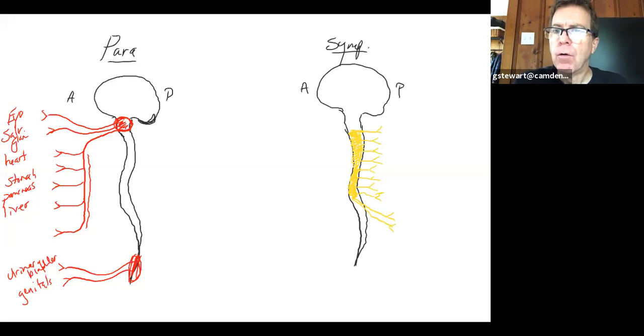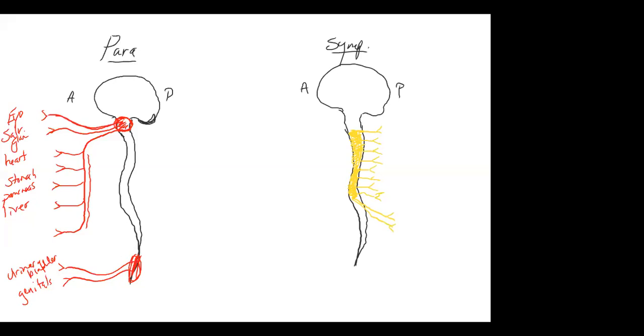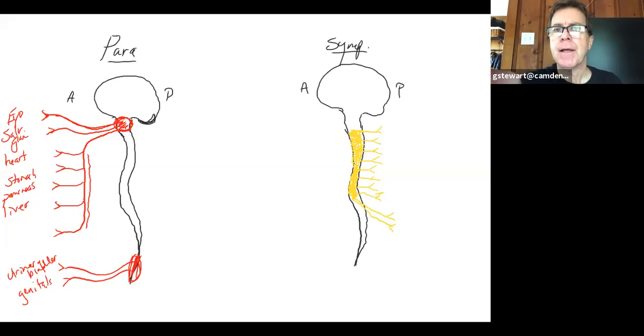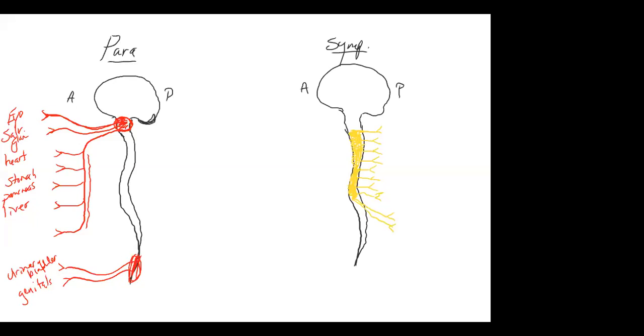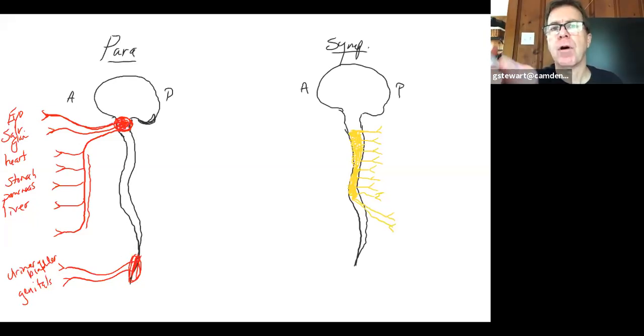Now, what we're going to pay most attention to is this first run. I'm back over here at the parasympathetic diagram. These preganglionic fibers, the fiber that is the first part of the two-part chain, is what I have drawn.